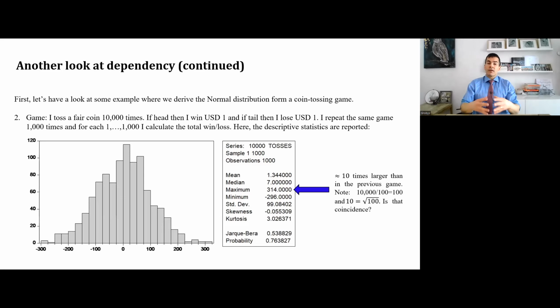Here again we can run the Jarque-Bera test. It gives us a corresponding test statistic of 0.54 in rounded figures, and the corresponding p-value is 0.76. So obviously we do not reject the null hypothesis that the process here is a normally distributed process.